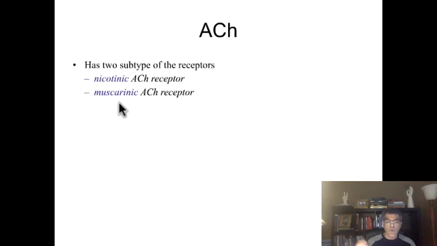But what is even more important than the neurotransmitter itself is the receptor for the neurotransmitter. This acetylcholine may sit on one receptor and cause inhibition, but the same acetylcholine sitting on a different receptor may cause excitation. How come? Because all acetylcholine does is stimulate that receptor.